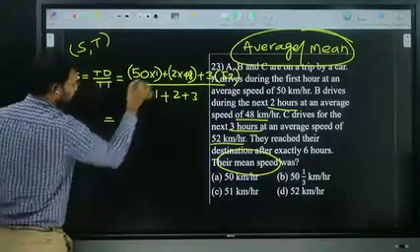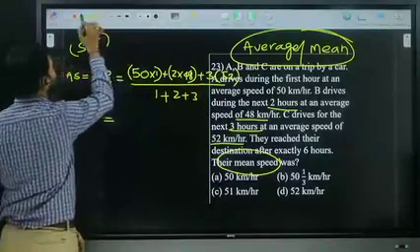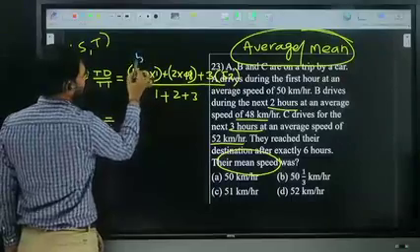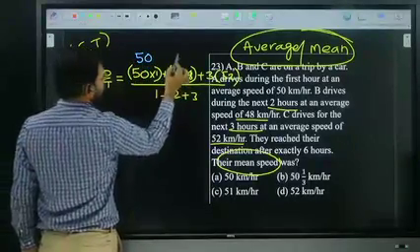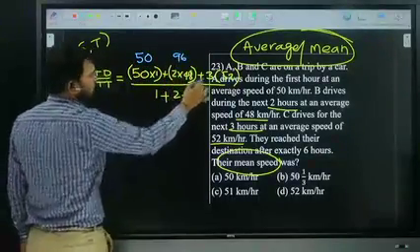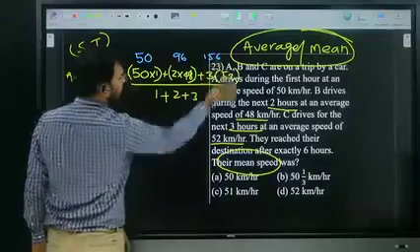Therefore 50 into 1 is 50, 2 into 48 is 96, 3 into 52 is 156.